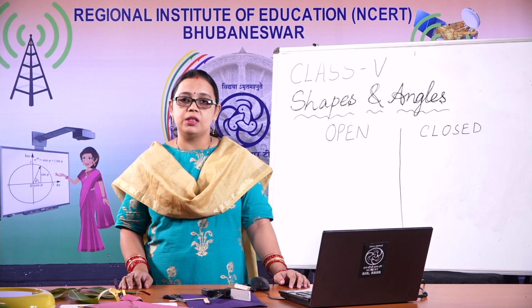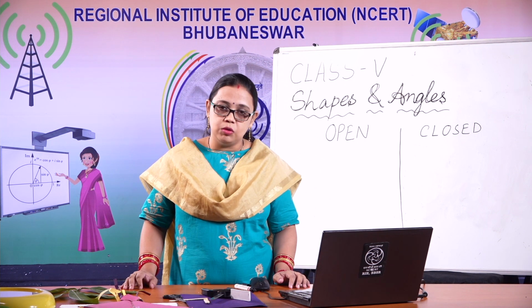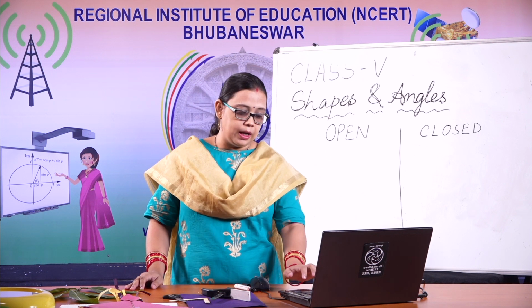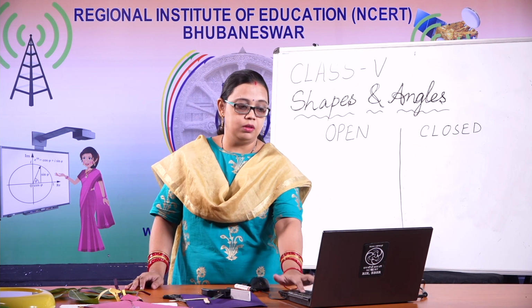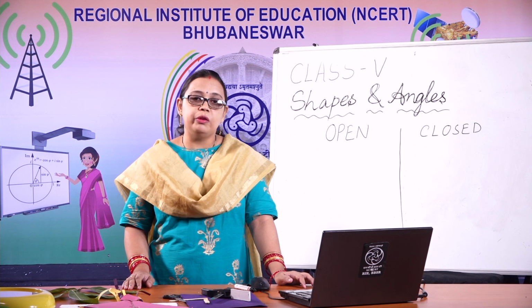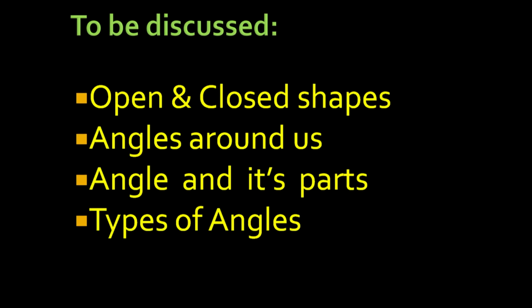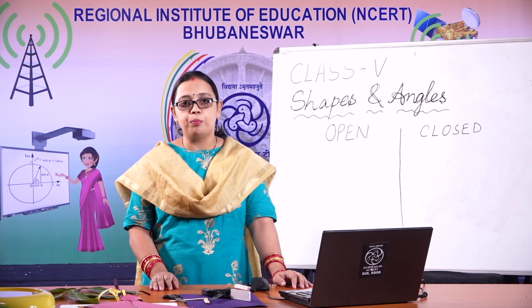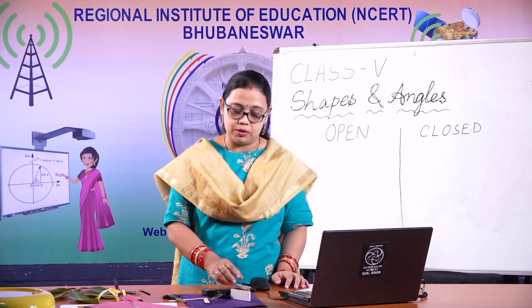Let us start our discussion from open shapes and closed shapes. Along with that, today we will discuss angles around us, angle and its parts, and types of angles. So, let us start our discussion from open shapes and closed shapes.